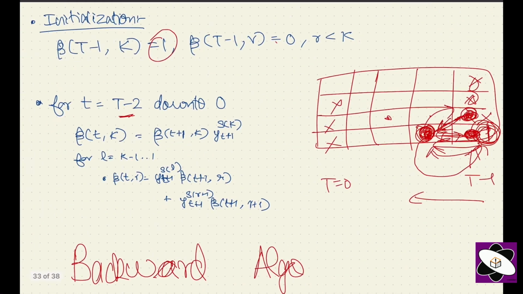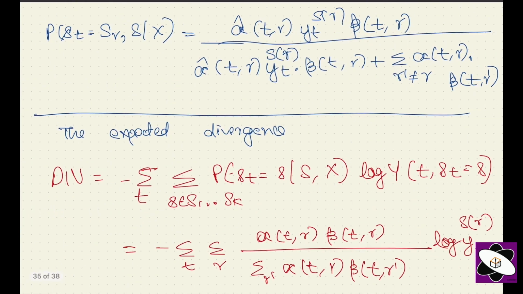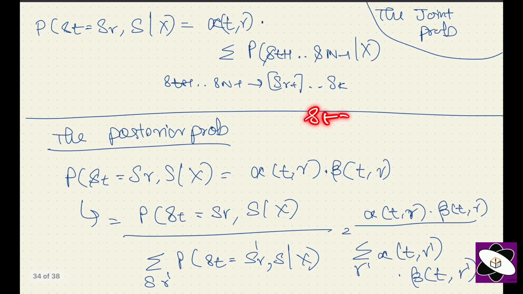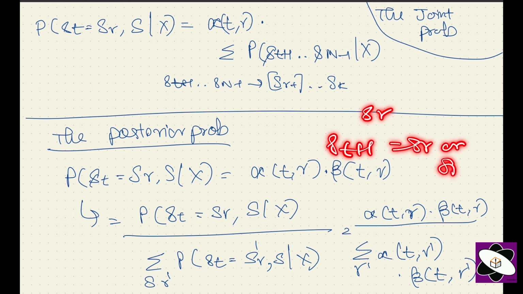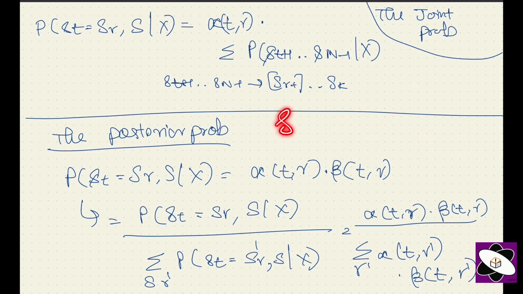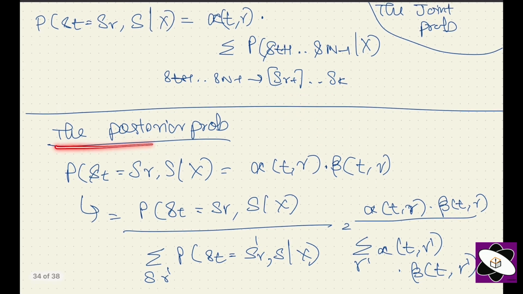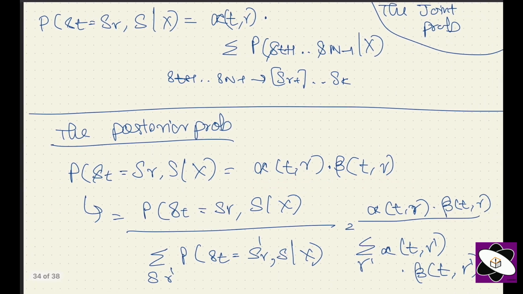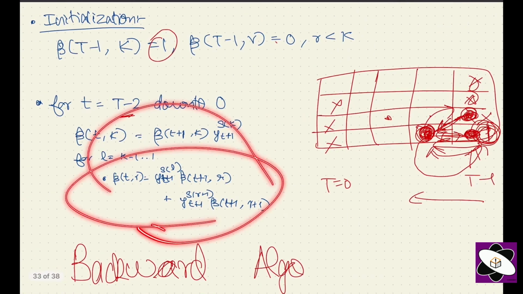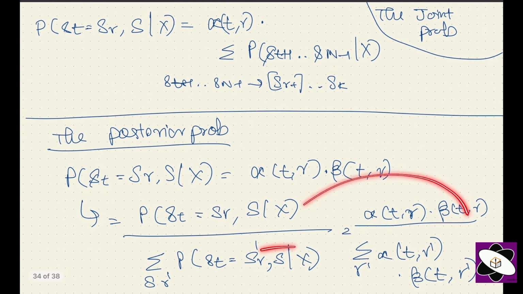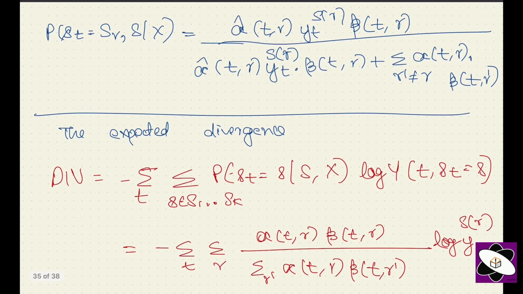The same thing we will do for s_t equal to s_r: we will find for s_{t+1} equal to s_r or s_{r+1}, then again s_{t+2}. As we said previously, the posterior probability now turns out to be alpha_t(r) times beta_t(r). The beta values we have just found over here, we will substitute, and if we simplify we will get the results like this, right?